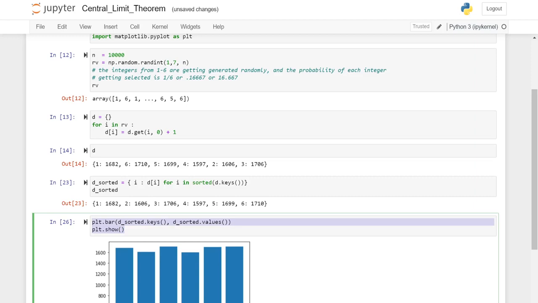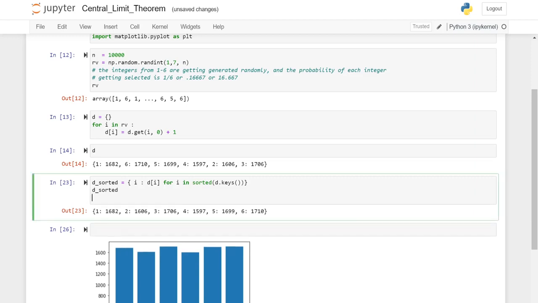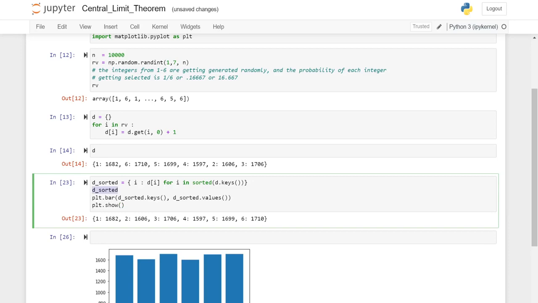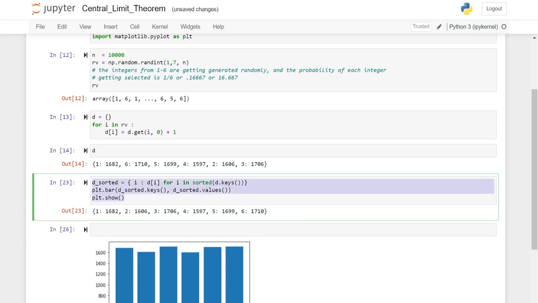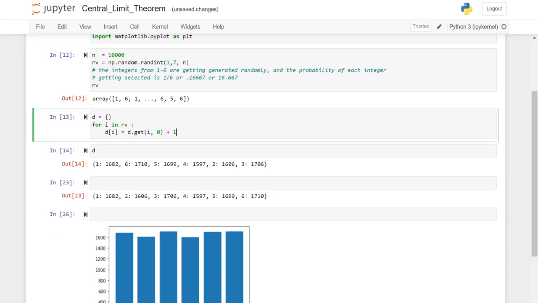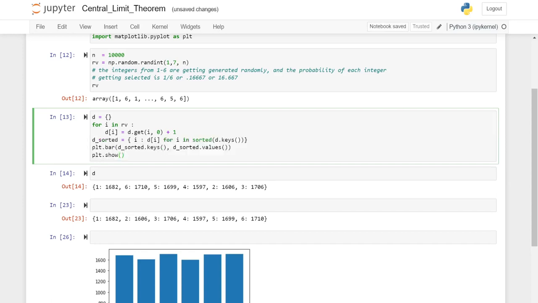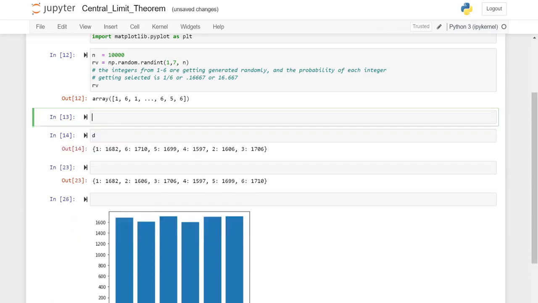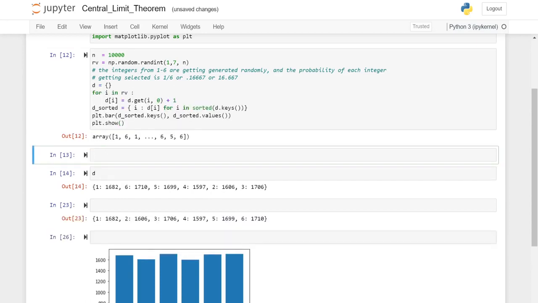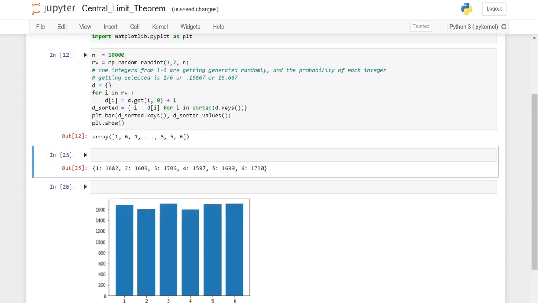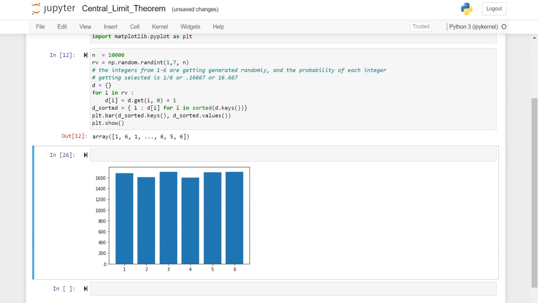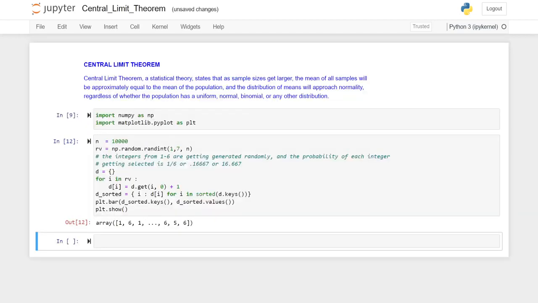Let us take these two lines here, remove this, take this here, and take all these lines here. Let me remove these cells. Okay, fine, good. So we will increase the number here and just see what happens.